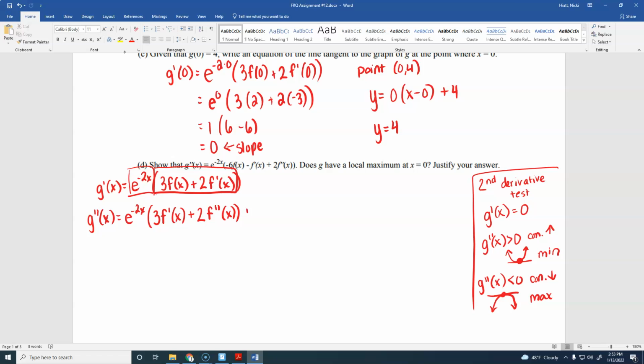Now we've got to do plus g, so all of this, 3f of x plus 2f prime of x times the derivative of our first part. What is the derivative of e to the negative 2x? E to the negative 2x times negative 2.